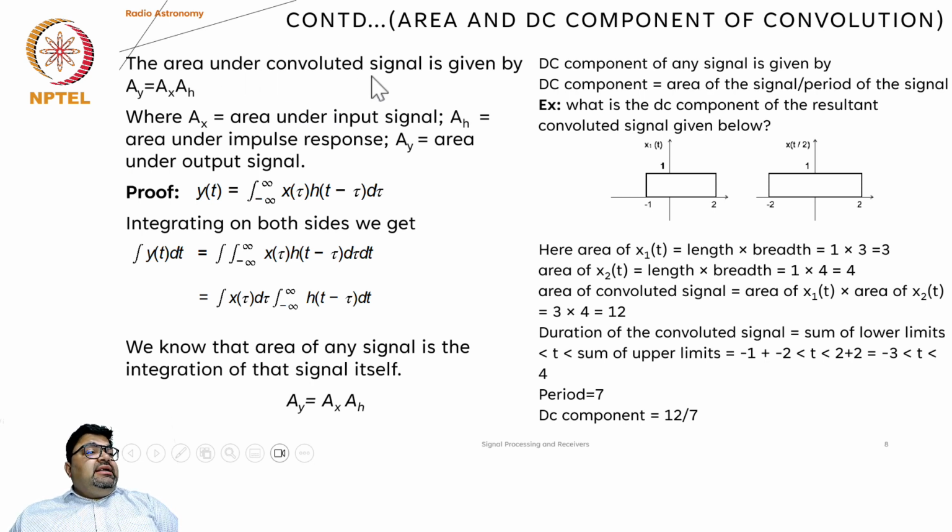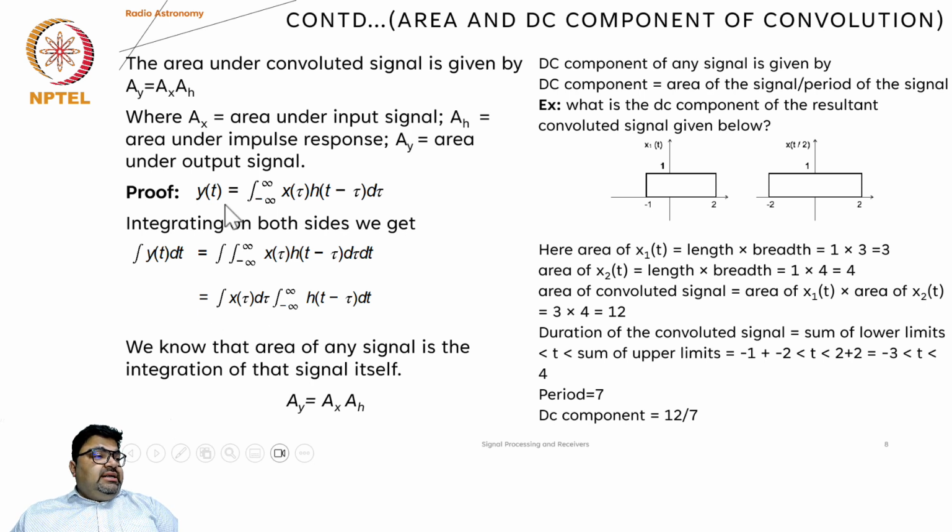The area under the convolved signal is given by Ay equals Ax times Ah, where Ax is the area under the input signal and Ah is the area under the impulse response. So the area of the final output signal, or convolved signal, is given by the product of the areas of the input signal and the impulse response, and it can be proven.